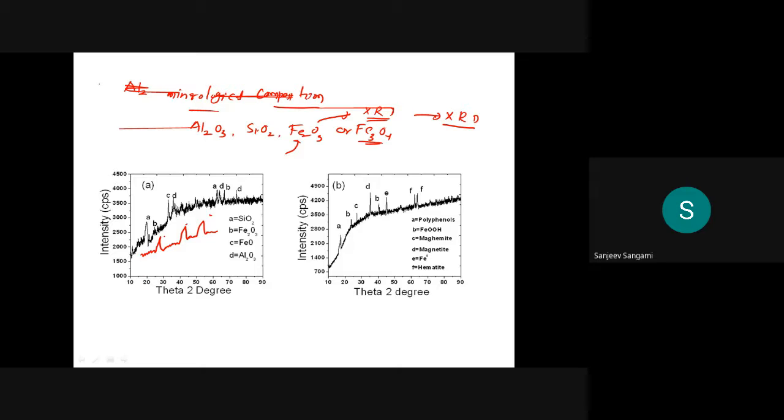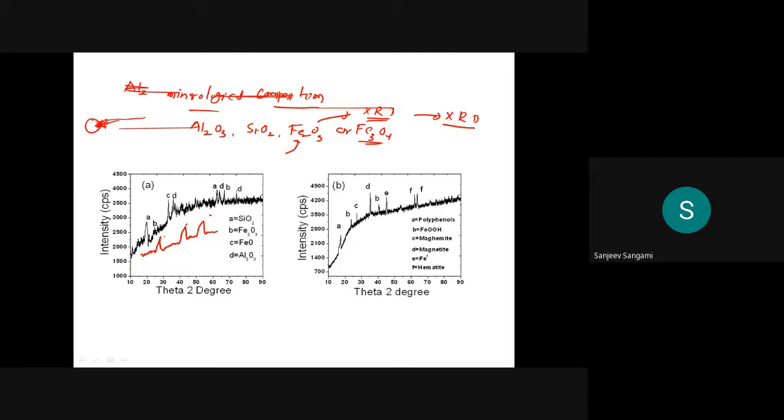If I want to explain it very quickly, assume that you have Al2O3 in this compound. The X-rays are going to hit this particle.